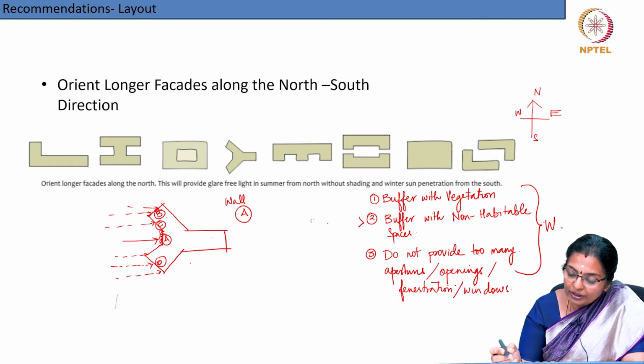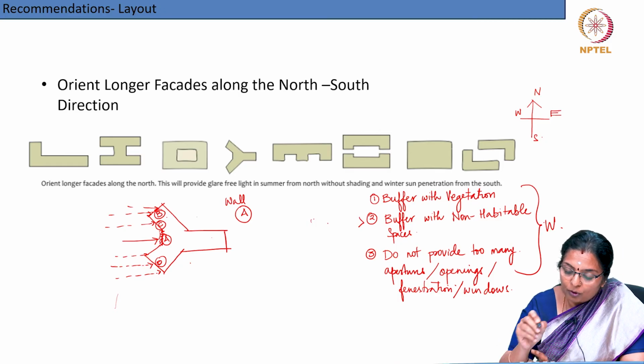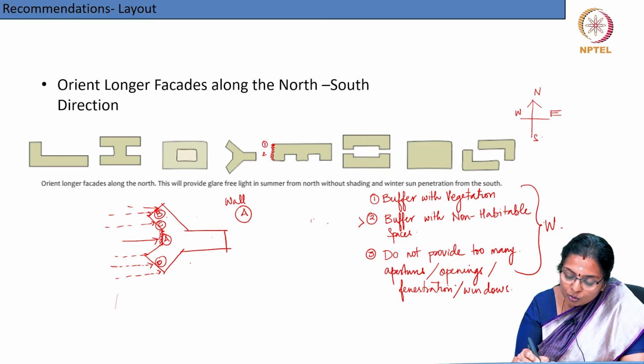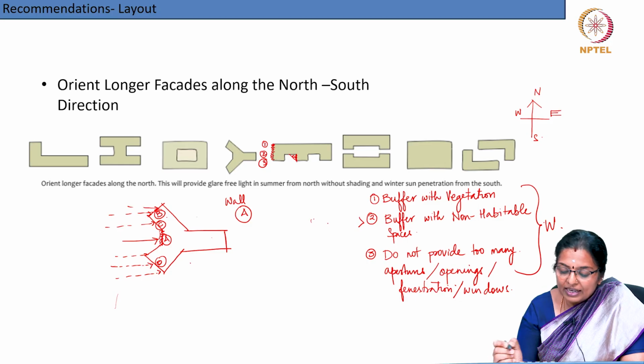Now, if you look at this plan form like an E, again here this wall is an area of concern and you follow the 1, 2, 3 principle. Whereas, along this wall, mutual shading will help these walls.